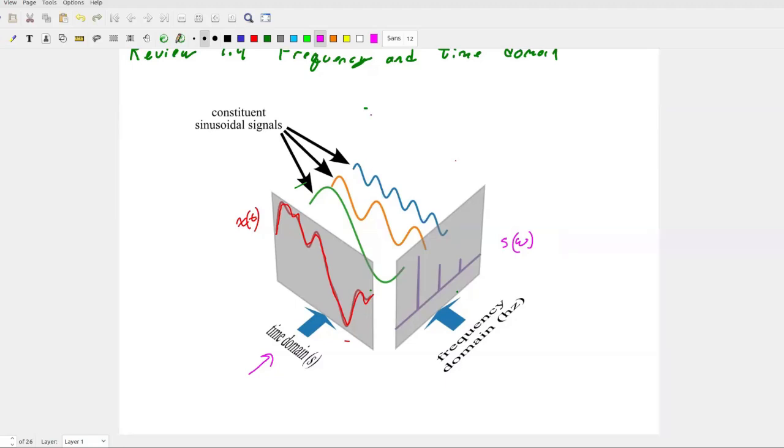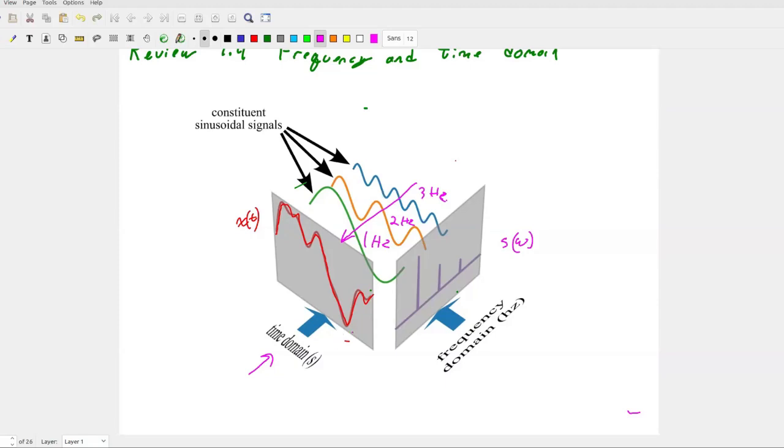What does that mean? Here I might have something, let's just say for the sake of argument, a 3 hertz signal, a 2 hertz signal, and a 1 hertz signal. If I take the summation of all of those, because I have a linear system, I get this actual response.